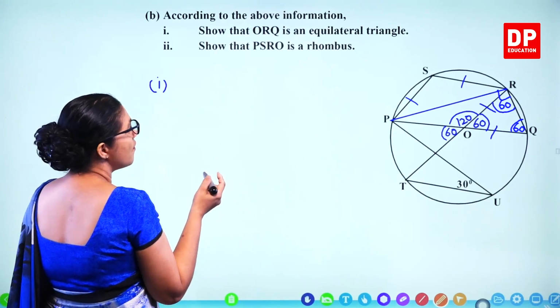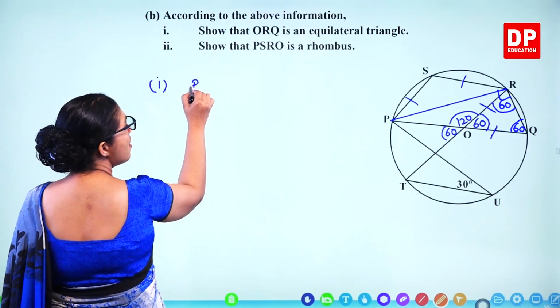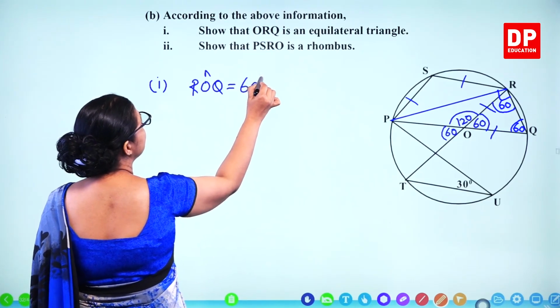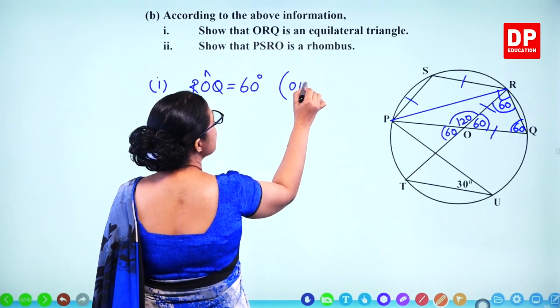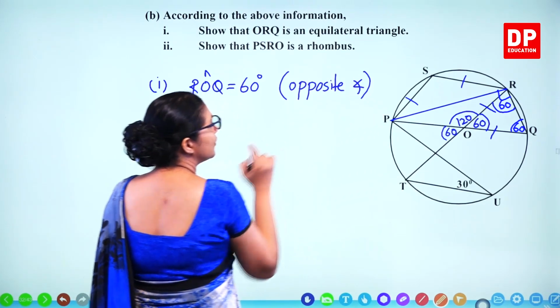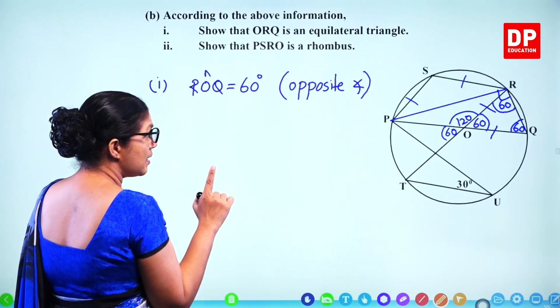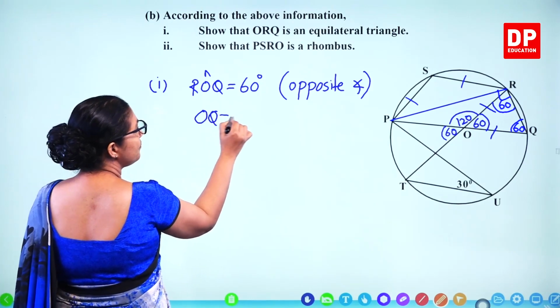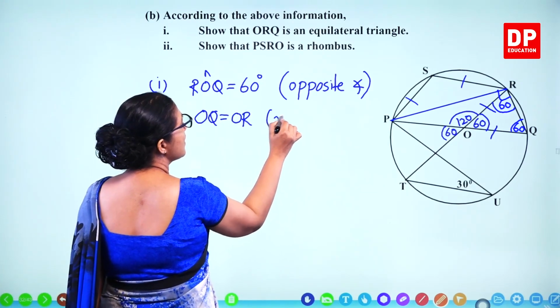So let's write down ROQ is equal to 60 degrees, opposite angles. Then you can write OQ is equal to OR, that's radii.